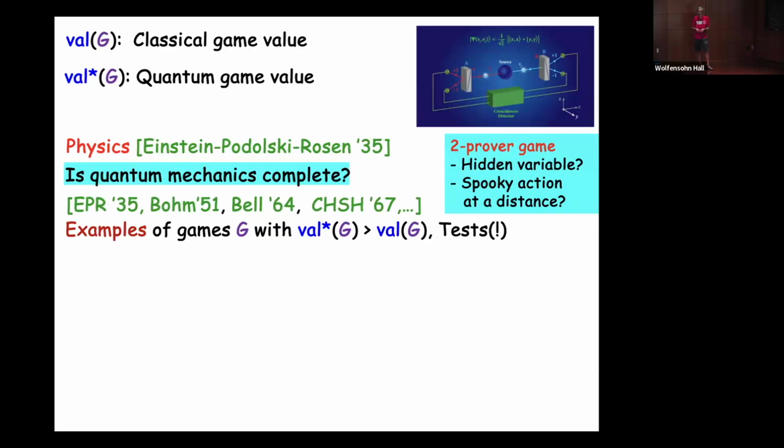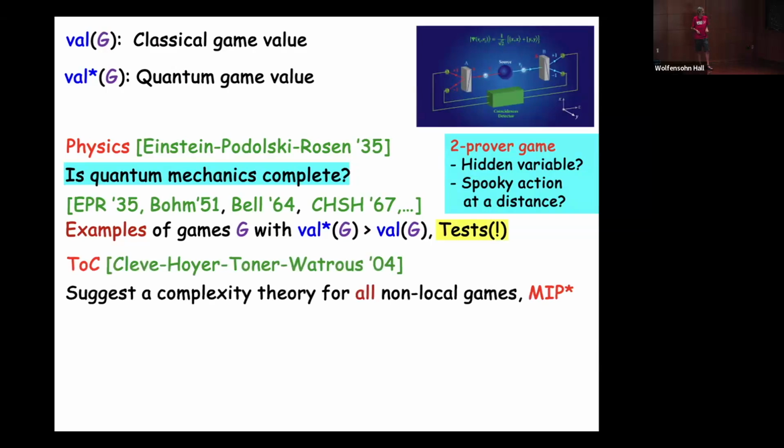There are things you can do with quantum mechanics that you cannot do classically. This was a theorem, but also it was tested. It was tested physically. So that was the physics side. On the computer science side, already in the original paper, what these people suggested is let's understand all non-local games.